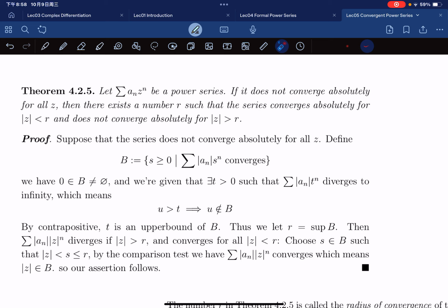And by the comparison test, because S is in B, we have this converges, which means that this is in B. So our assertion follows. So there exists an R such that for all this, it converges, and for this, it diverges.